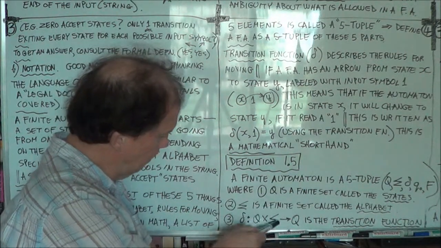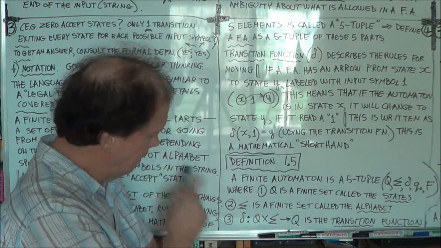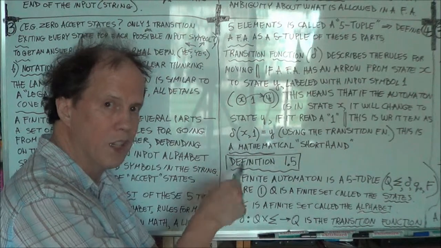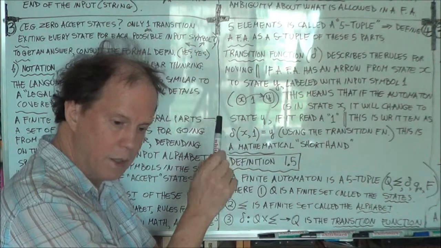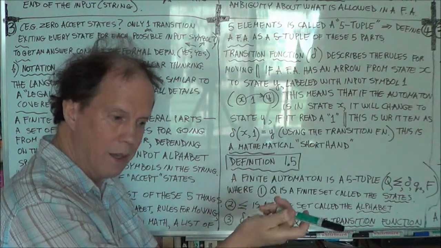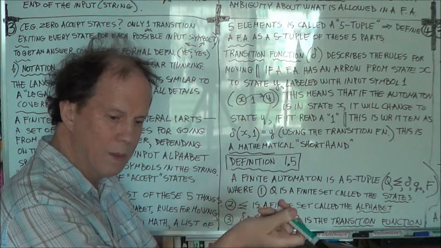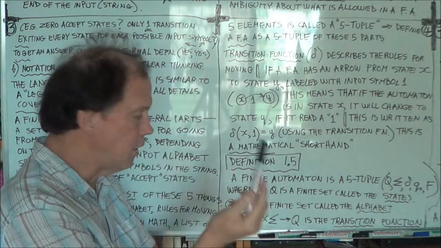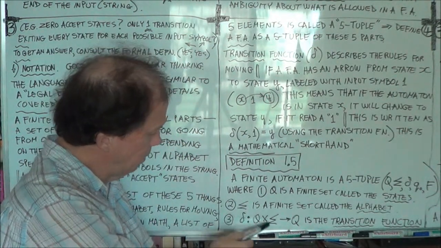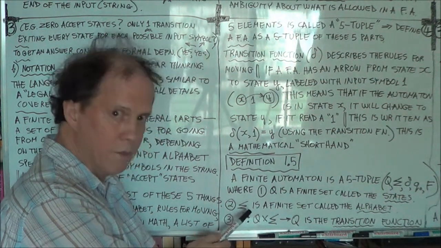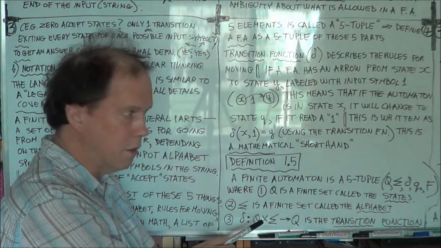This is your domain, this is your range, and this is the function. That's what a function does, right? A function is a mapper. A function takes an element of your domain set and maps it to a member of your range set.